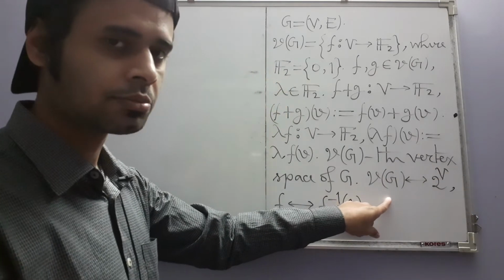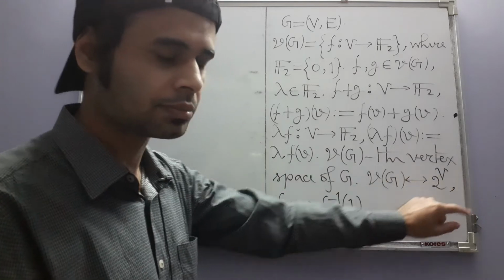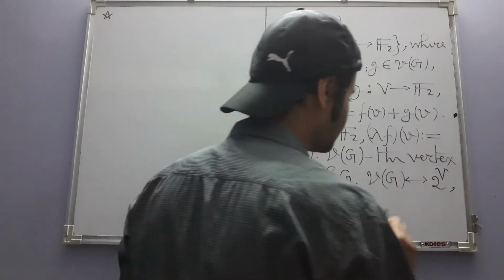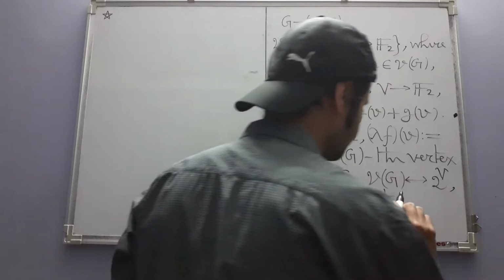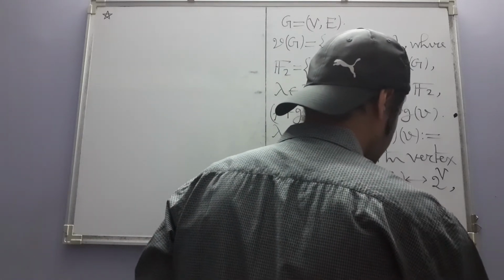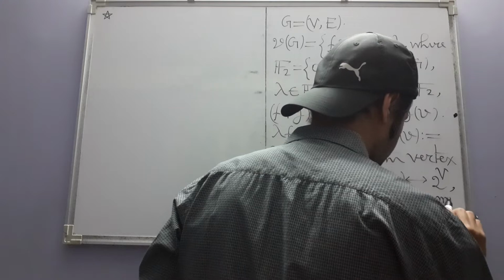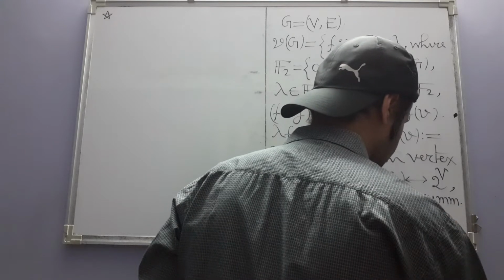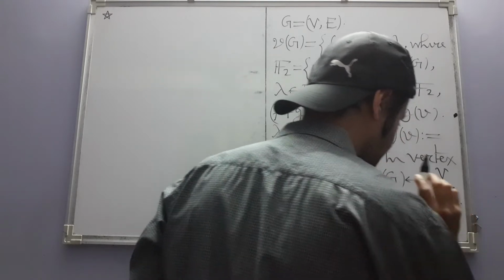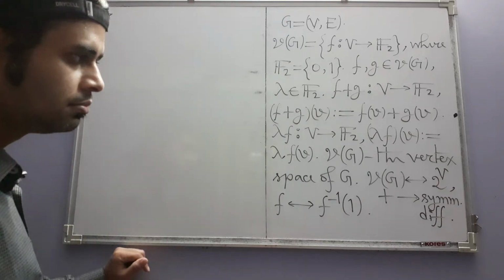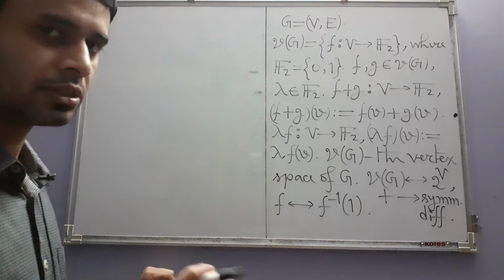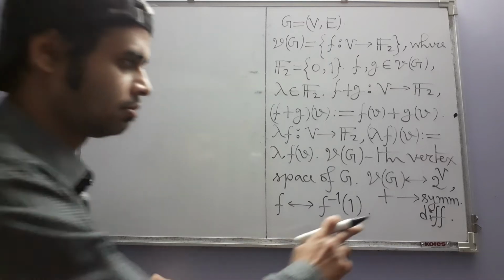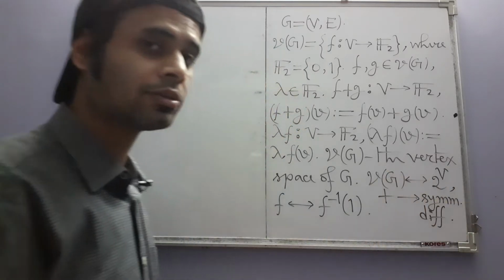We have scalar multiplication here, that also becomes something here. And it turns out that the sum that we have here, vector addition, gets transformed into symmetric difference on this side. The scalar multiplication also gets transformed into something, but that is not something that we already know.